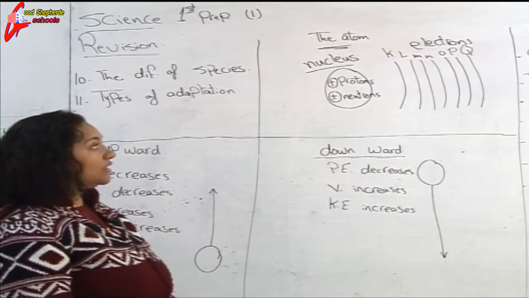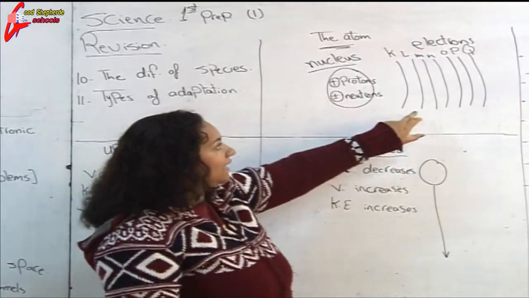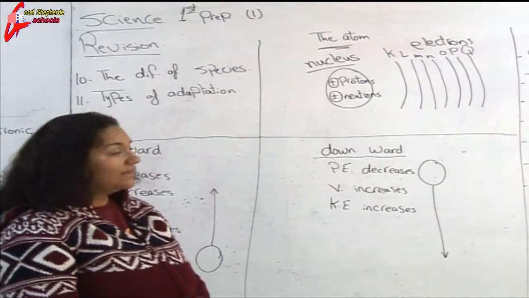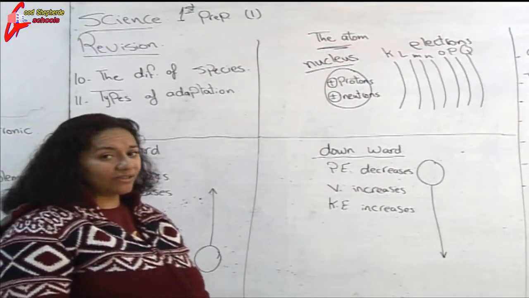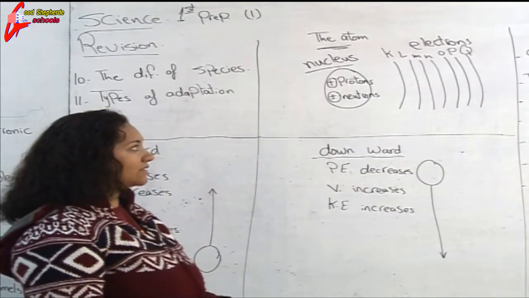The names of the energy levels start from K and end with Q: K, L, M, N, O, P, Q. What are these energy levels? These are imaginary orbits in which the electrons revolve around the nucleus.